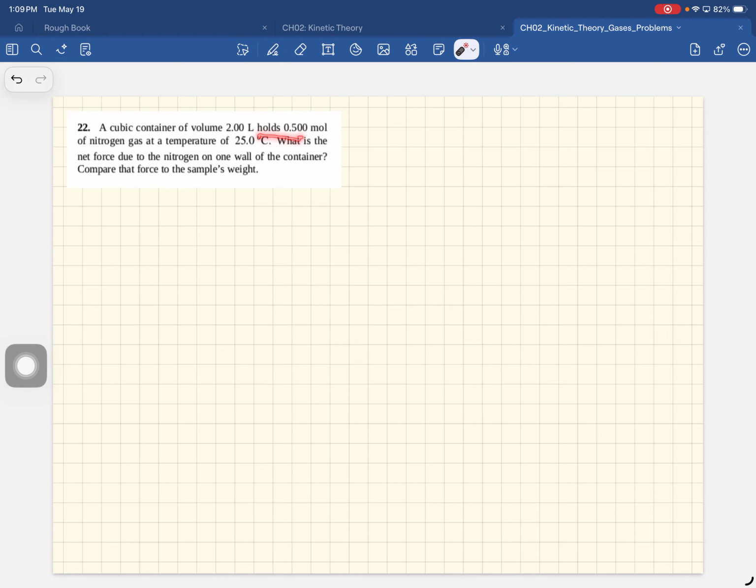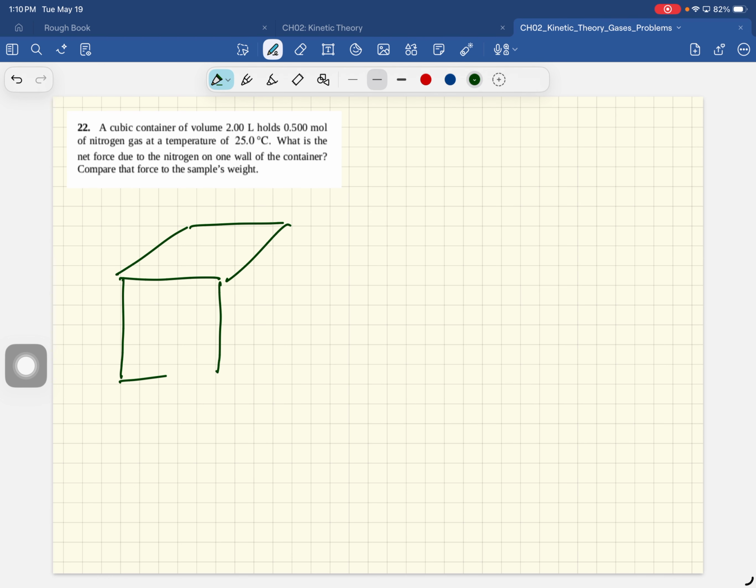R is 8.314. Temperature is 298 degrees Kelvin. Volume is 30 liters. A liter is 10 to the minus 3 meter cube.